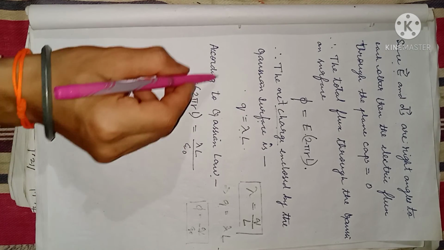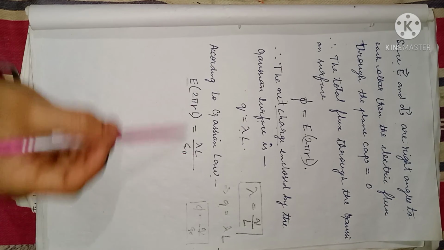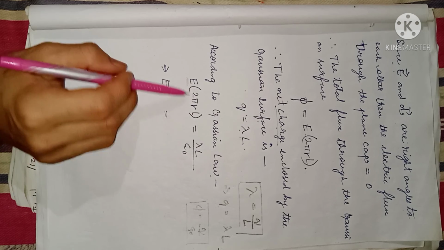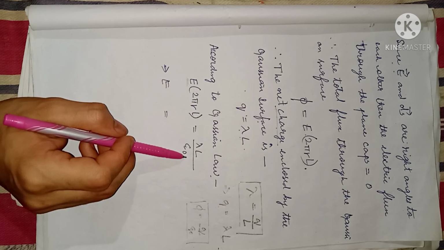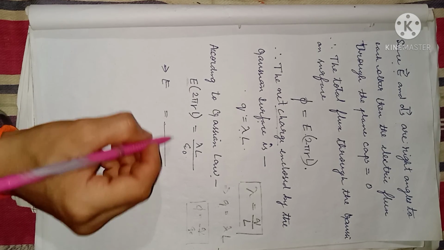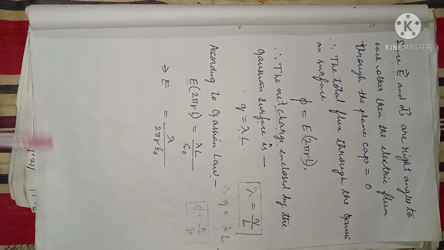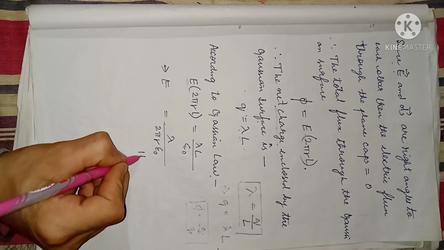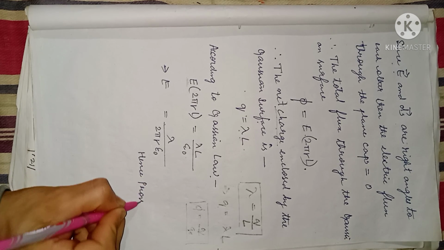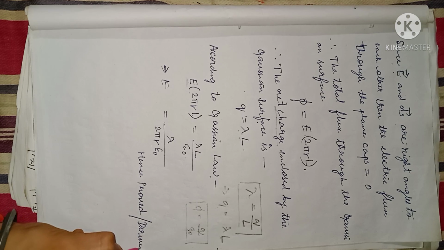Since our main aim is to find the electric field, by cross multiplying you can note down that electric field is equal to lambda by 2 pi r epsilon naught. So easy derivation, hence proved, or you can say hence derived.